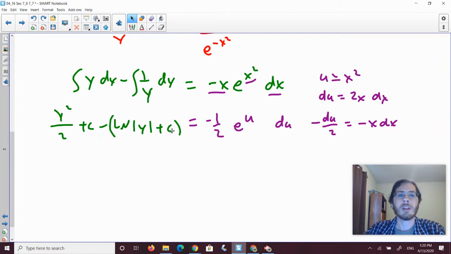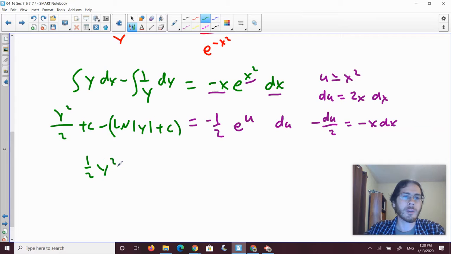There we go. All right, so that side looks like it's pretty good. I'm going to keep that side in green for a little bit longer. So 1/2 y squared minus ln of y. And again, I'm just going to say, I got plus c minus c is just going to be some other c. So I'm just going to leave them as c.